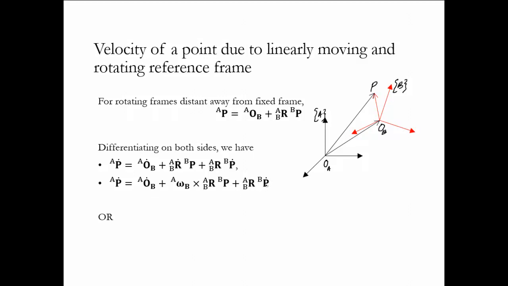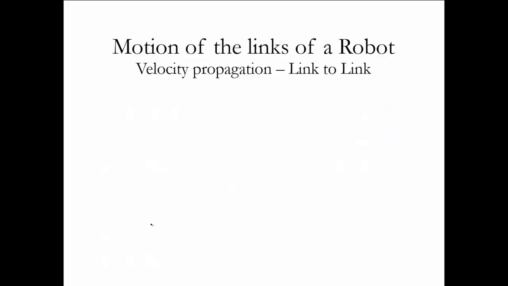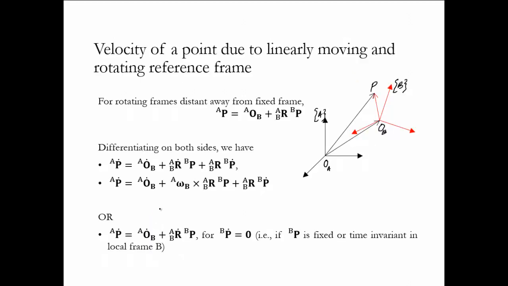And if P_B is fixed or time invariant in the local frame, we get this relation. It's nothing but the addition of this term to the equation we saw in the previous slide. All right, so this is how we find the velocity of any point with respect to a frame which is moving with respect to the base frame or the previous frame.